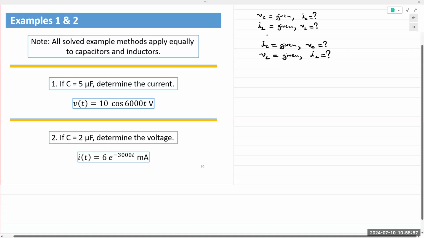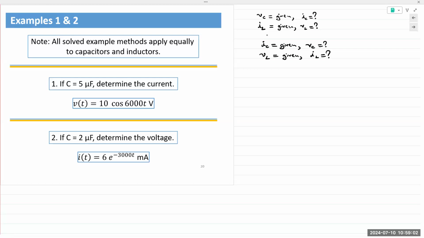Okay. So we have 2 components, inductors and capacitors. So we have 4 quantities: inductor current, inductor voltage, capacitor current, capacitor voltage. If you're given capacitor voltage, you can find the capacitor current. A similar process would apply if you're given the inductor current and you're asked to find the inductor voltage.